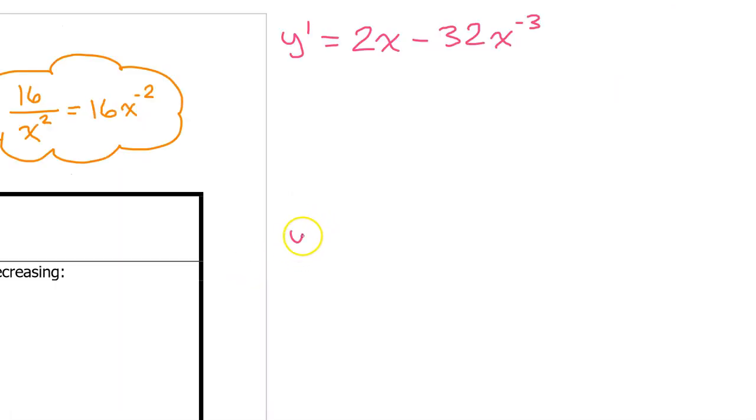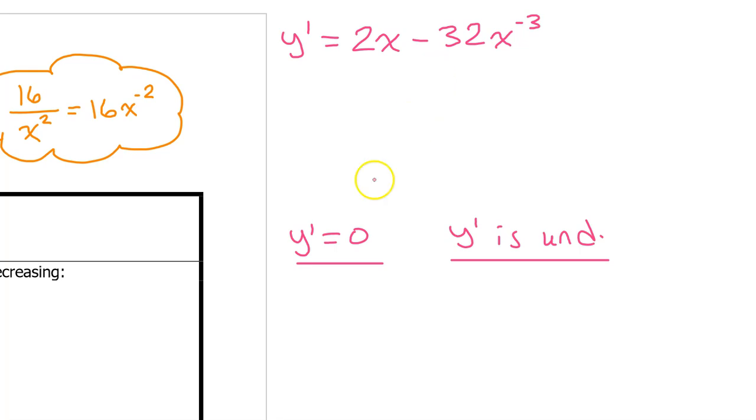The next step is to find where y prime is equal to 0 and where y prime is undefined. However, in order to do that, we really want to rewrite this as a fraction. So we can set the numerator equal to 0 and the denominator equal to 0. So let's drop this x to the negative 3 power back down to the denominator.